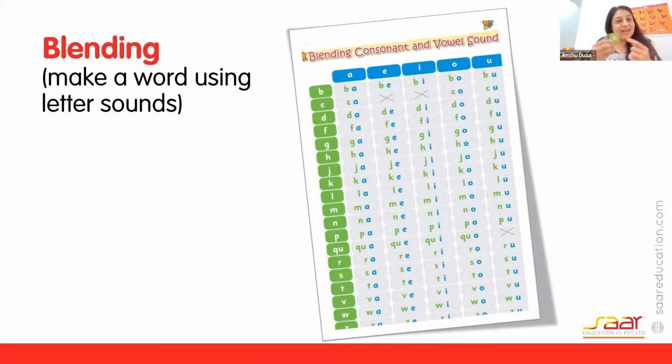And for PP3, it should be one side lowercase and one side uppercase, because they're going to do sentences as well. Sam went to a hill. So for Sam the letter is going to be the capital S. So for PP3, get them to put uppercase and lowercase letters on the same card.